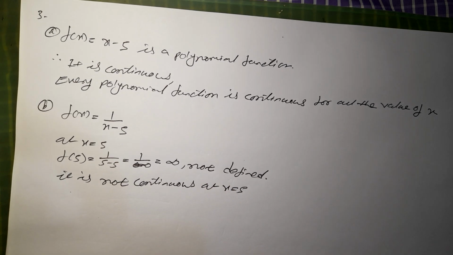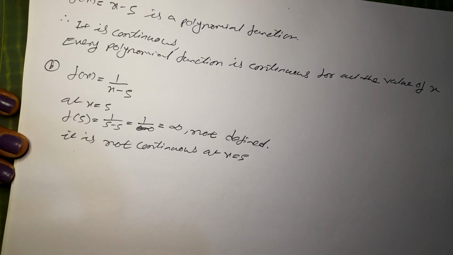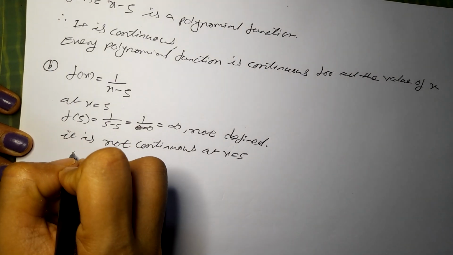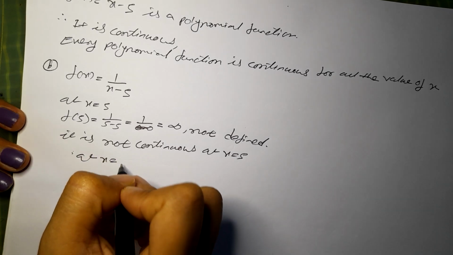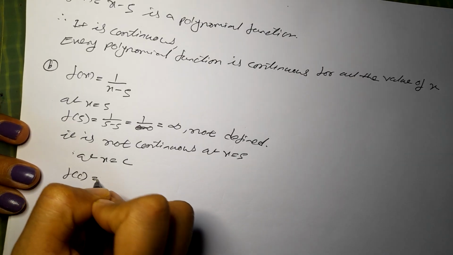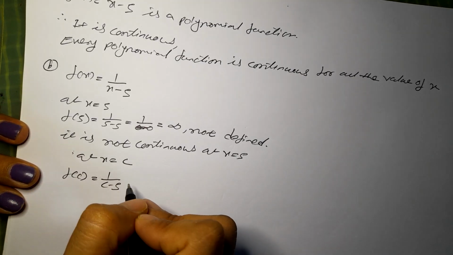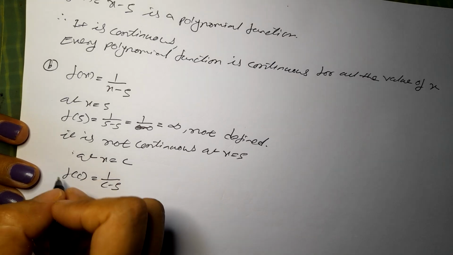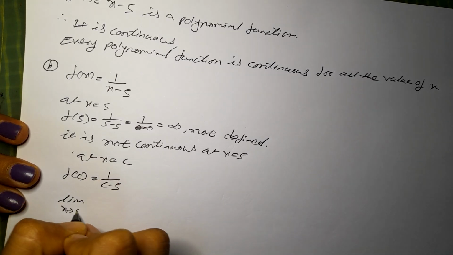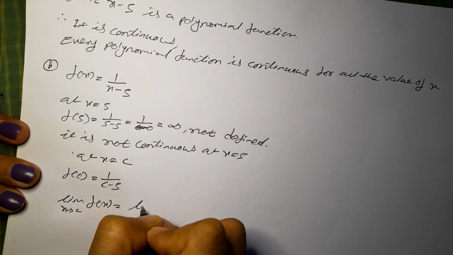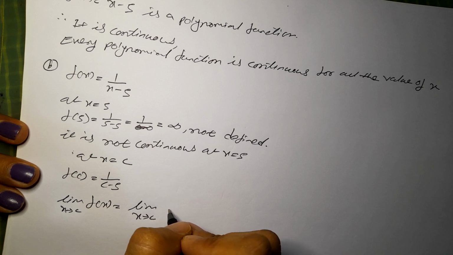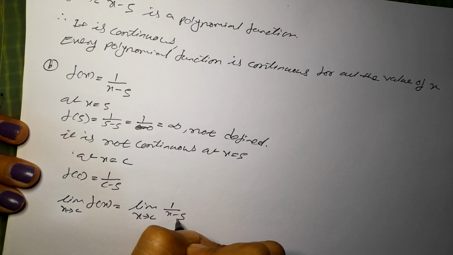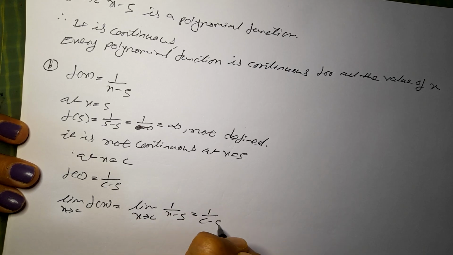Now we have to check at other points. Let us take a point excluding 5. So at x equal to c, f of c will be 1 by c minus 5. The limit as x tends to c of f of x is the limit as x tends to c of 1 by x minus 5, so it will be 1 by c minus 5.